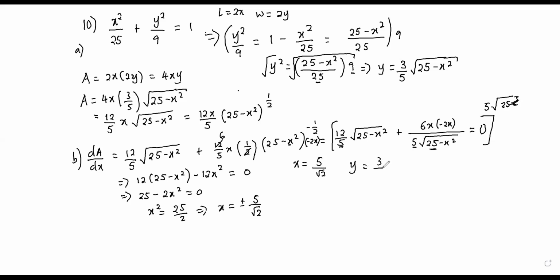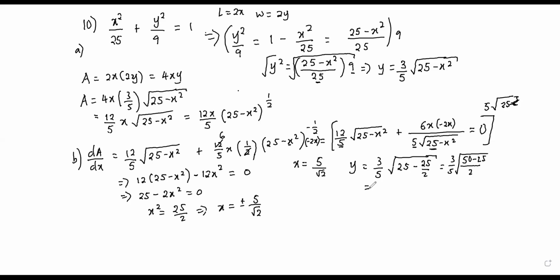Y will be 3 over 5, the root of 25 minus, that will be 25 over 2, when we square the 5 over root 2, giving us 3 over 5 root of 50 minus 25.